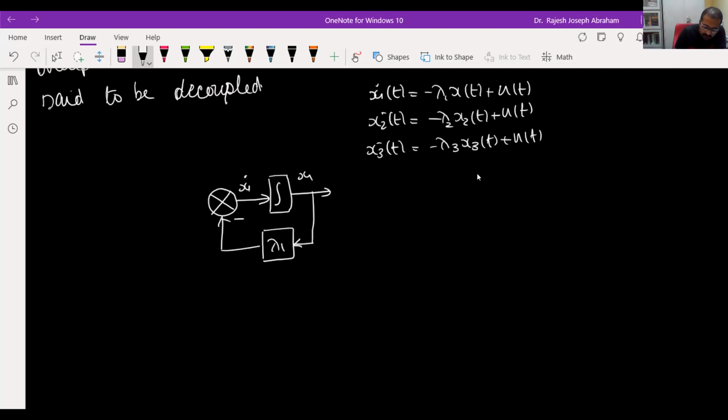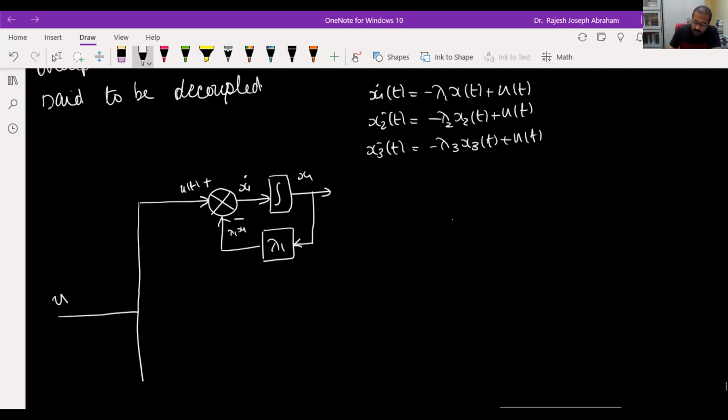Okay, plus what? Plus u. So there should be a u here. I will mark this as u of t, at positive sign. This signal is lambda 1 x1. So x1 dot is minus lambda 1 x1 plus u of t.